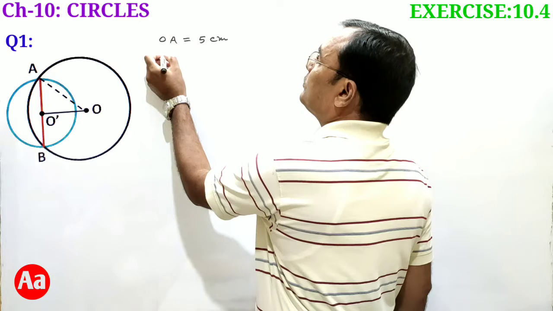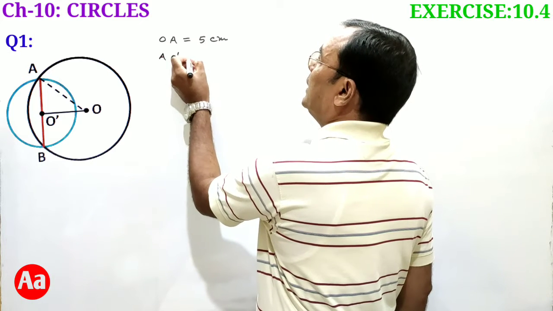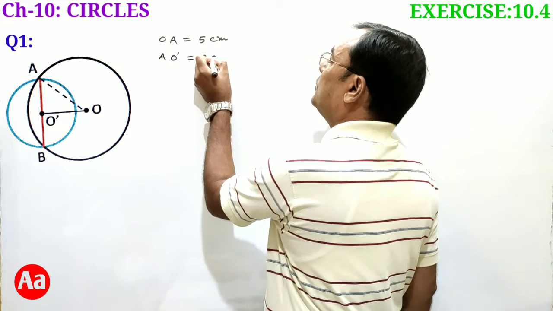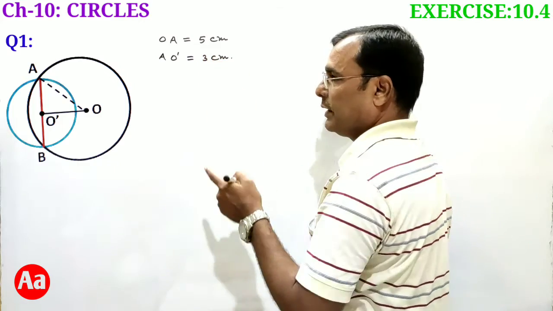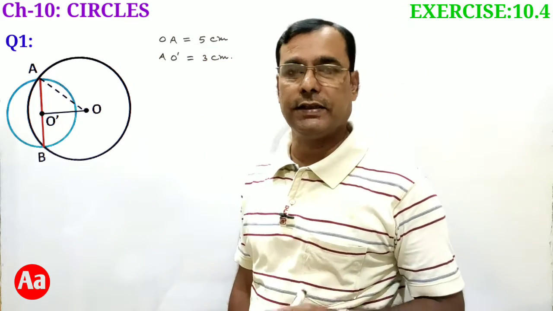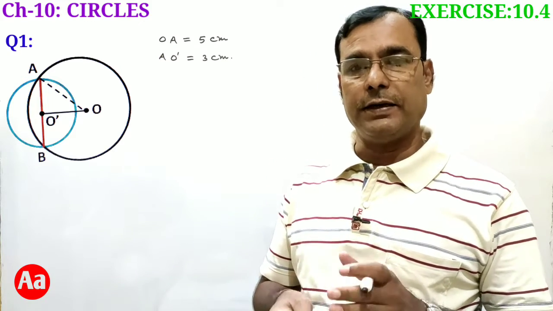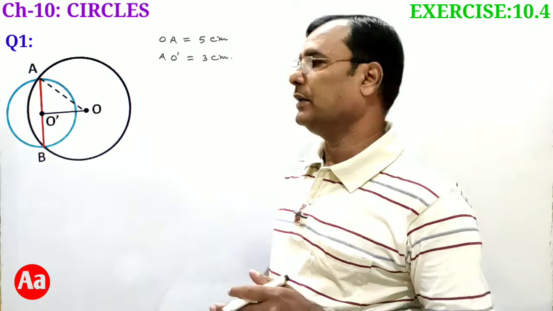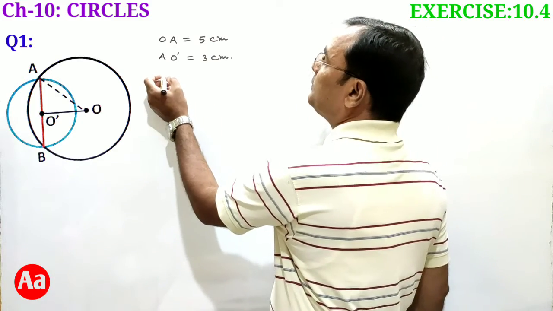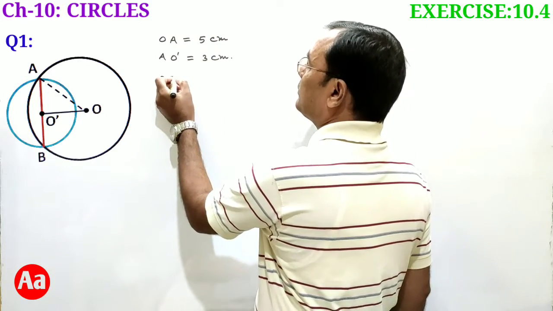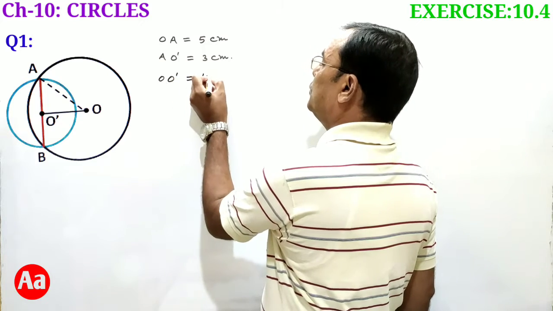So AO dash is equal to 3 cm. OO dash is the distance between the centers of the two circles of radii 5 cm and 3 cm. So OO dash is equal to 4 cm.